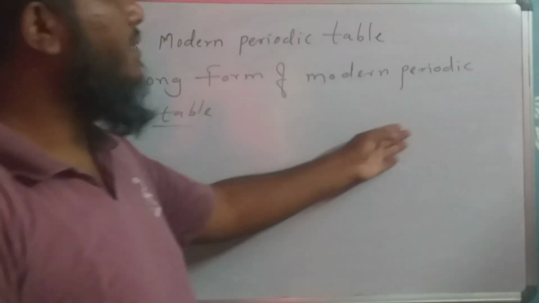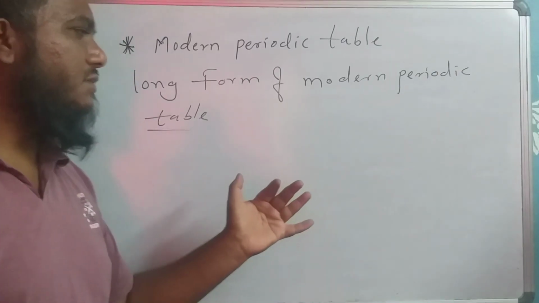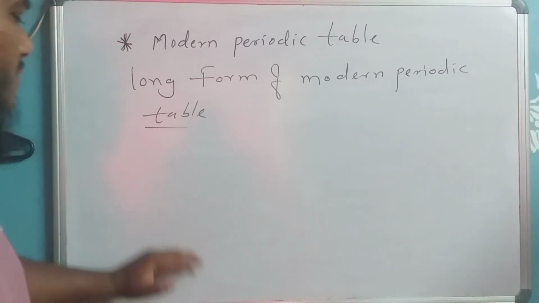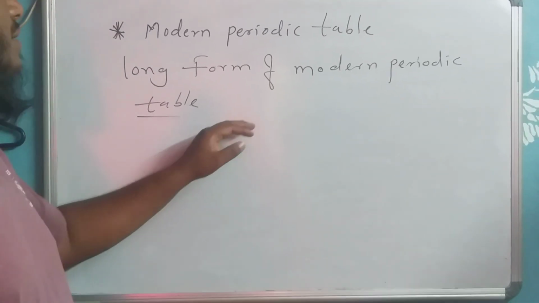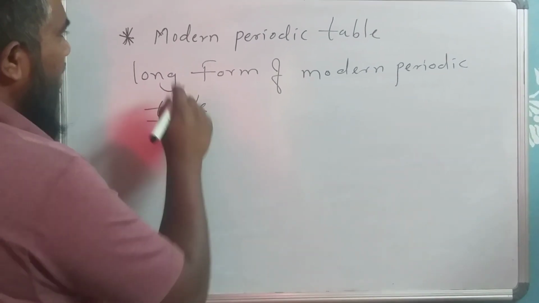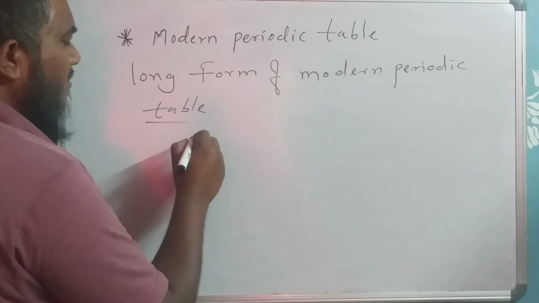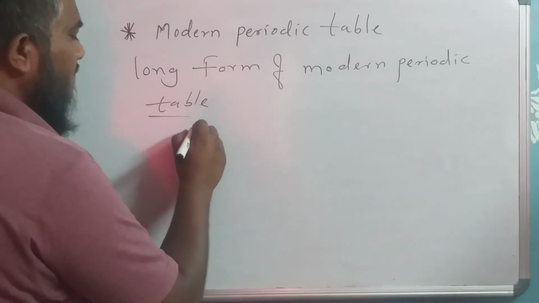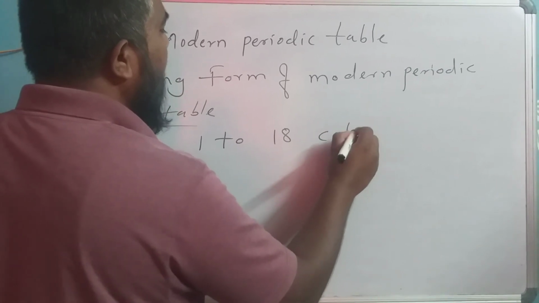The modern periodic table includes some points to understand, and according to these points we can understand how the modern periodic table, or long form of periodic table, is made up. Henry Moseley and co-workers prepared a long form of periodic table in which there are 1 to 18 columns.